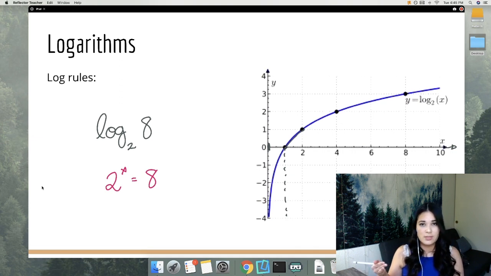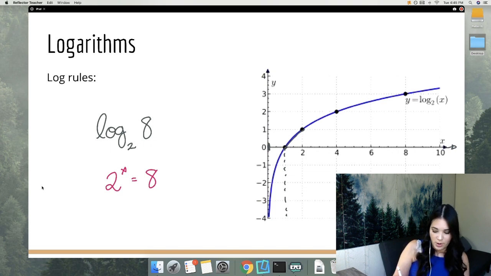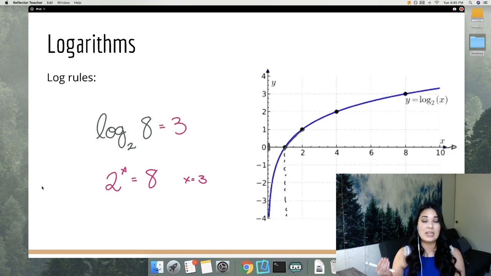And your logarithm tells you what x is in this case. So if we know our logarithms or our exponents, we know that in this case, x equals 3. So we would say log base 2 of 8 equals 3, because 3 is the exponent that when you take 2 to that power, it equals 8.